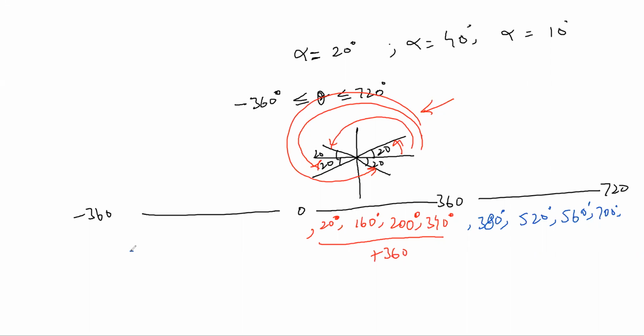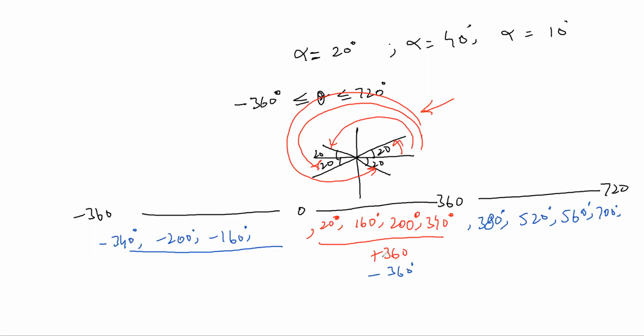If you want to find the values over here, you just subtract 360 from all these values. 20 minus 360 is minus 340. That is a very cool way of writing these values. 160 minus 360 is minus 200. 200 minus 360 is minus 160.